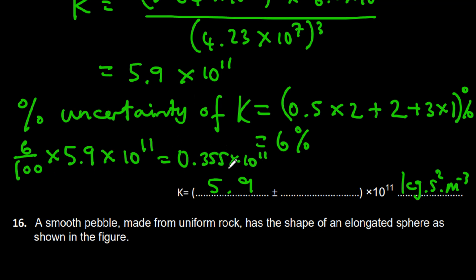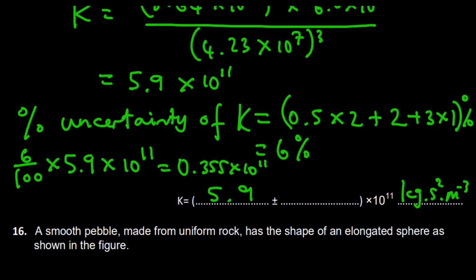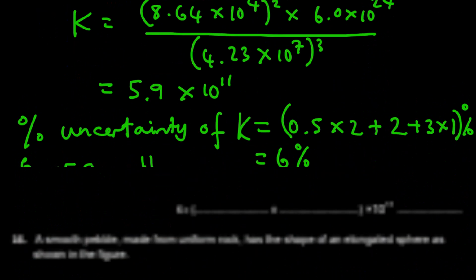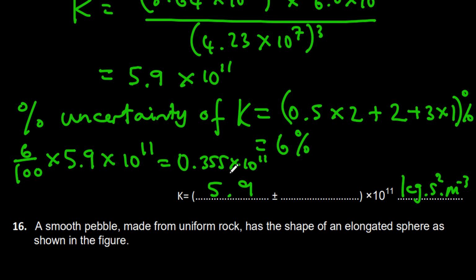Now, what's important to note is that these percentage uncertainties all had one significant figure. And that means that we must give our answer here with one significant figure. So this will become 0.4 times 10 to the 11.